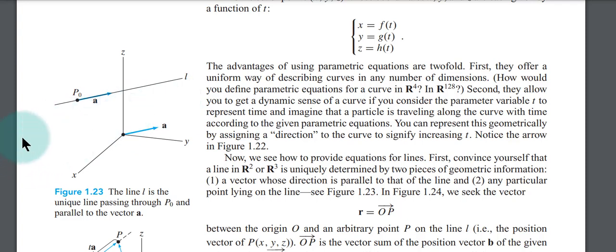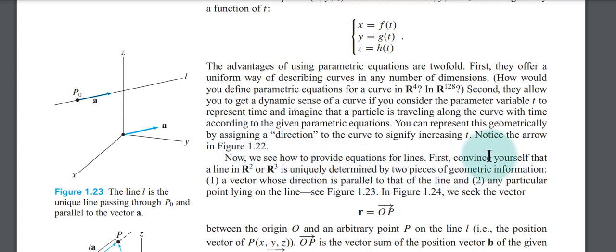There's actually an infinite number of lines that are parallel to this given vector A. So that's not enough information to determine a unique line. But if I say it's parallel to this vector and it goes through a particular point, then there's only one such line. For example, suppose I say it has to be parallel to this vector and it has to go through this point. Then there's only one choice, right? So that's what they're saying.